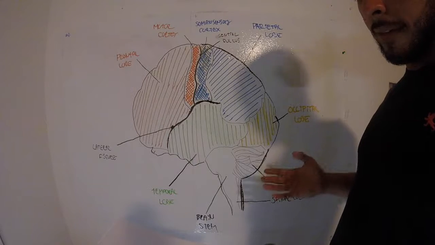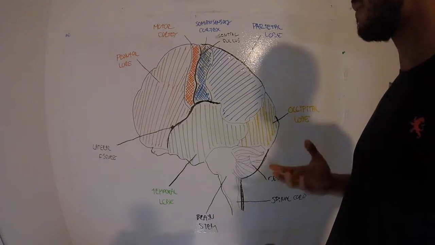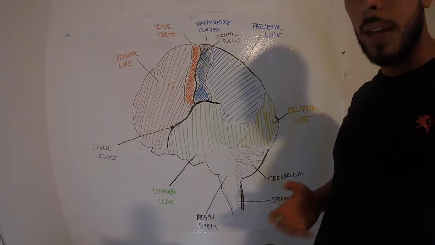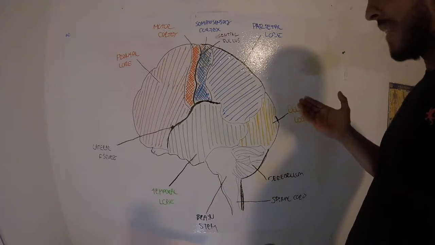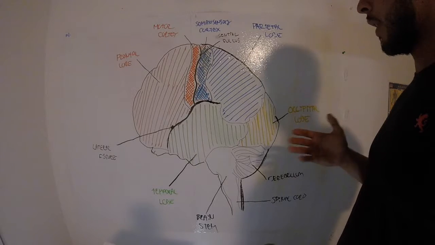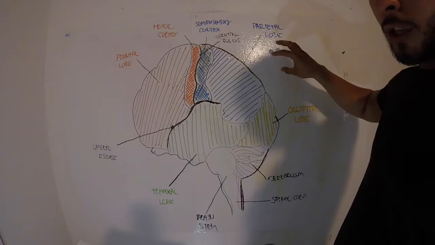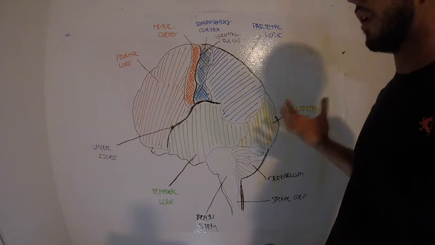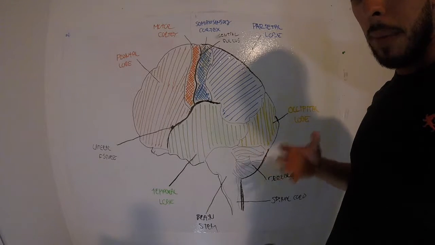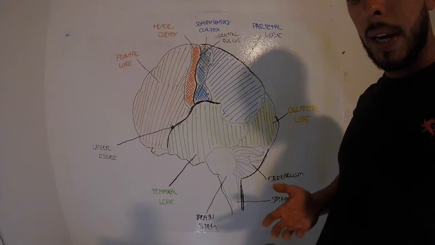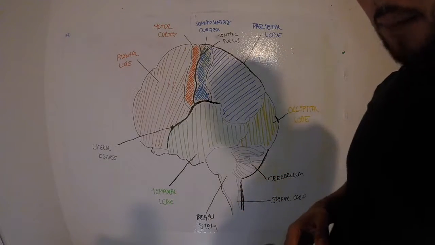This lobe specifically creates a person's sense of awareness and conscious awareness. It also deals with somatic senses and understanding speech. This is basically the area where sensory input comes to the brain so it can be processed, affecting, like I said, consciousness, awareness, and somatic senses.